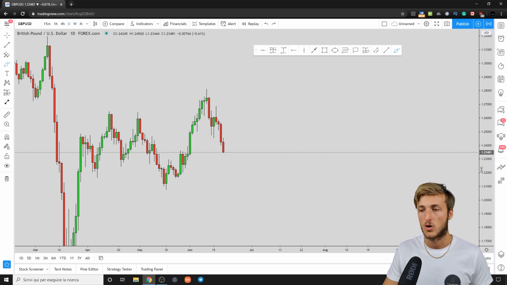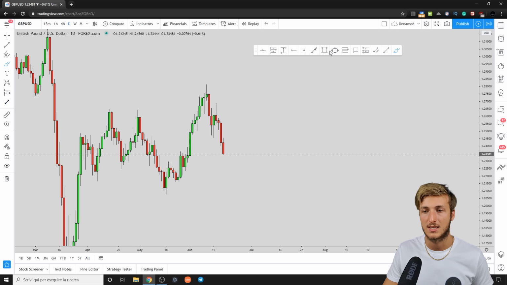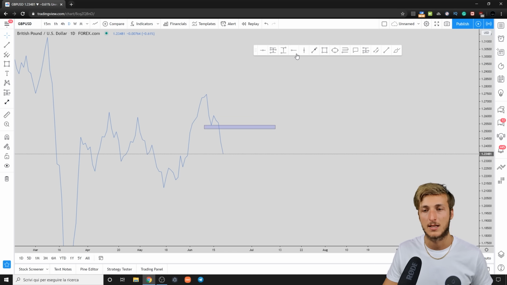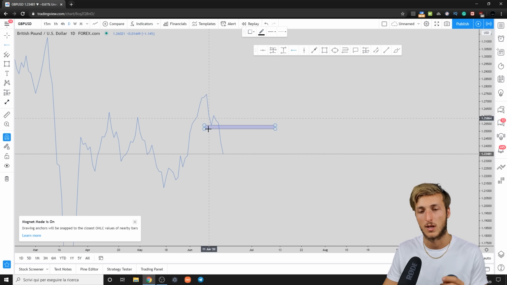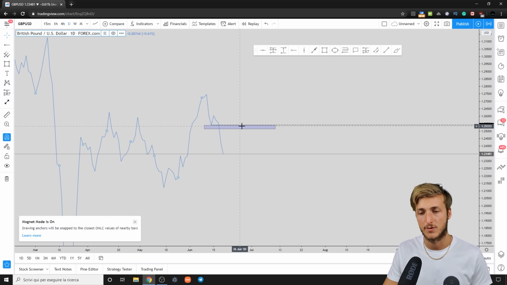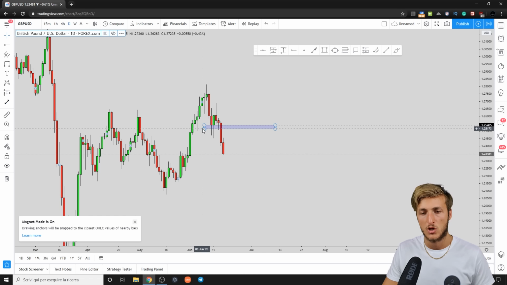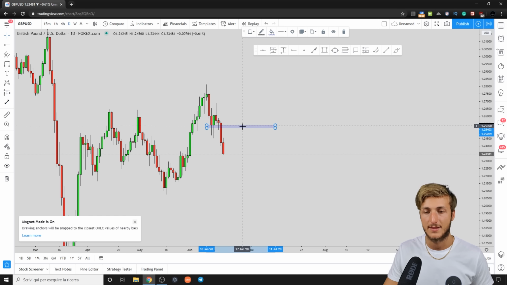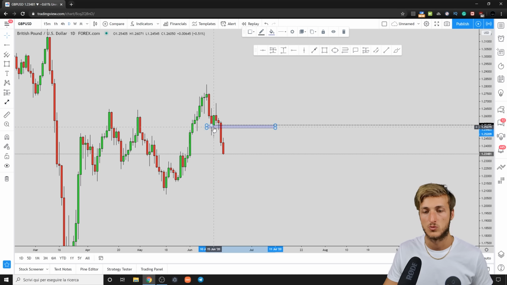So overall, from a daily perspective, immediately we can expect the market to go and retest the neckline. Now, if you want to really pinpoint the neckline, what you can do is go down to a line chart and you can identify exactly the neckline of the formation. So overall, we want to see the market go and test this previous support.